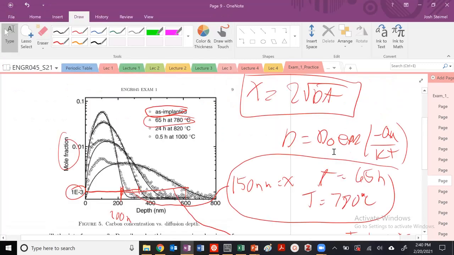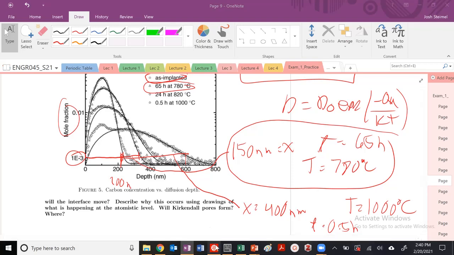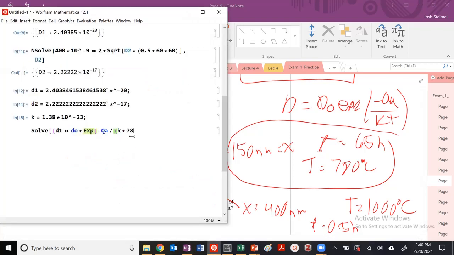In the first problem, that's 780. So let's look at that: 780 plus 273. And then we can solve for D2. Set it equal to right here, and we can set this equal to our temperature, which is 1000.